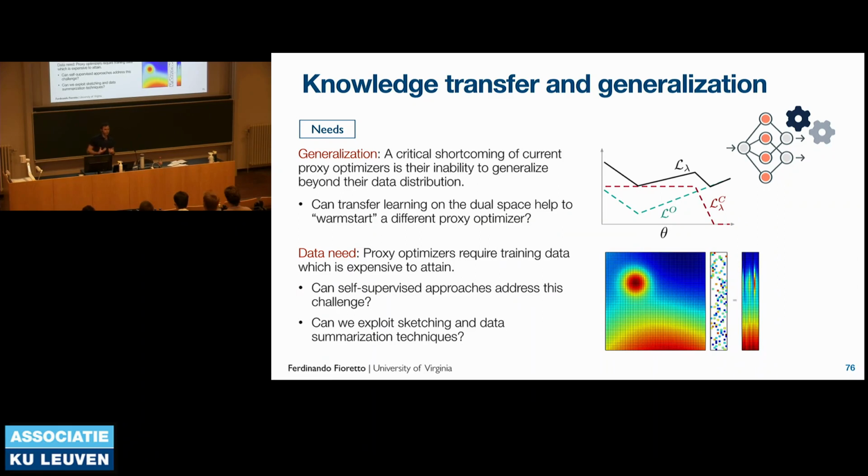But sometimes we are not really generating this data effectively because there might be a lot of redundancy in terms of proximity of the inputs and proximity of the outputs in one region and maybe not in another region. Like think about what happens in regions where we are close to active constraints versus in regions where we are not, right? So here, what can we do? Can we exploit other techniques like sketching, for example? So this is something that we're currently looking into.